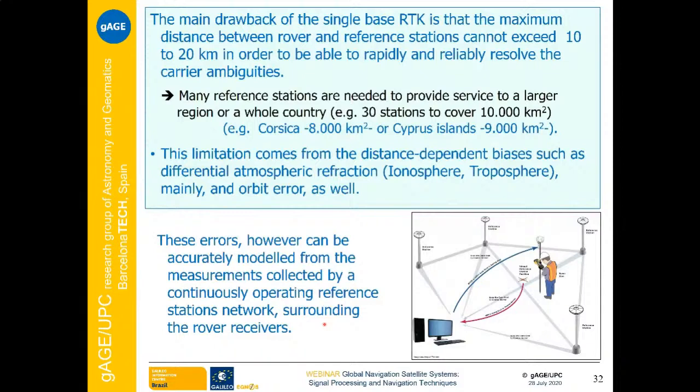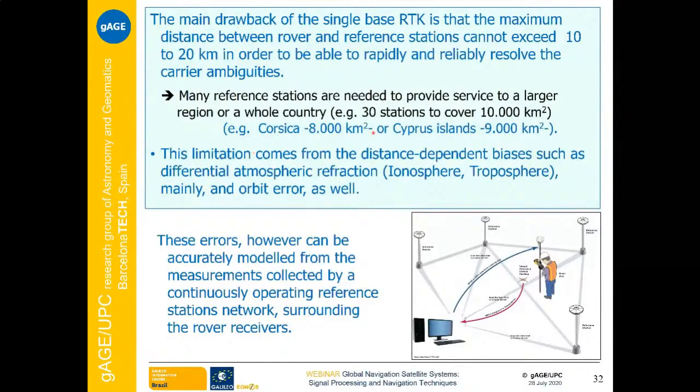The residual error becomes large, and then the ambiguity fixing is not working properly. This means that if we have to cover a wide region or even a country, we will need a large number of reference stations.